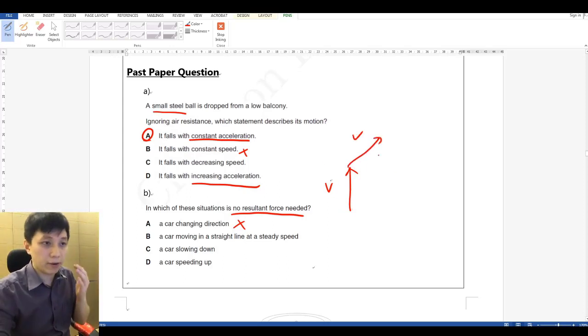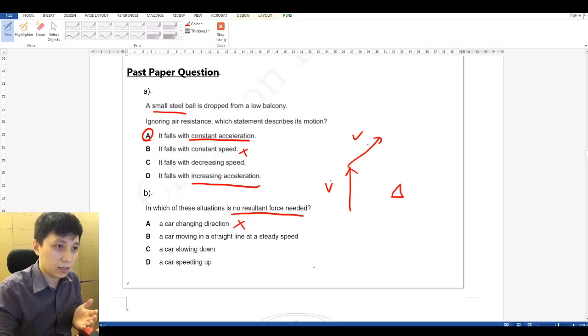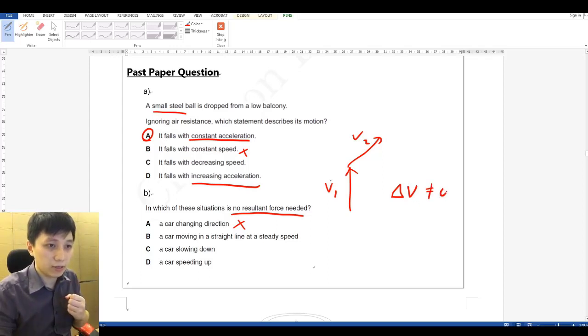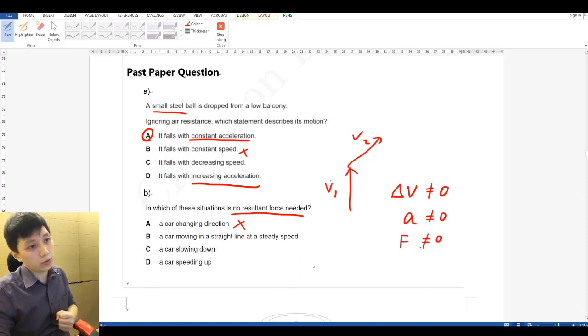So that means, let's say this is V1 and V2, there must be a change of velocity, delta V. And whenever delta V is not 0, then acceleration is non-zero as well. If acceleration is non-zero, then resultant force F is non-zero as well. So whenever you change direction, you must have a force.